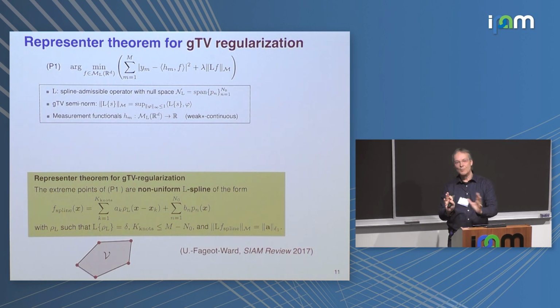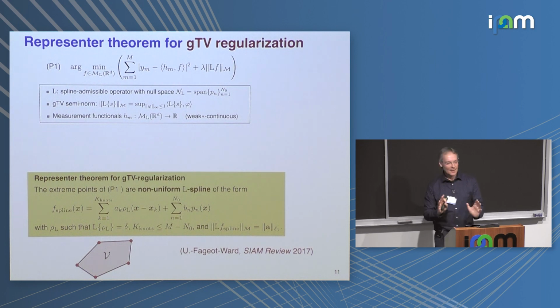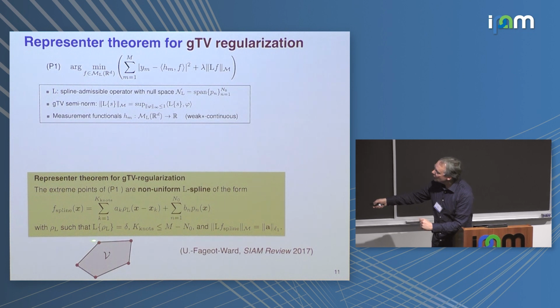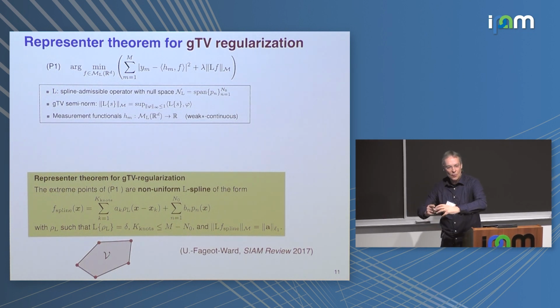Okay, so usually people get scared away when I say the solution is not unique. Okay, but the solution set is convex, and the convex set is actually the convex hull of what's called the extreme points.